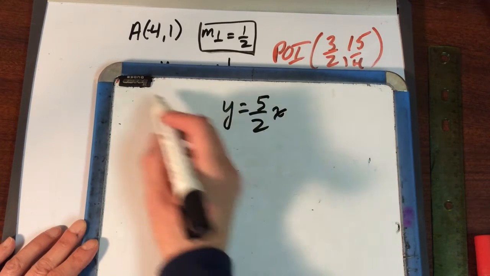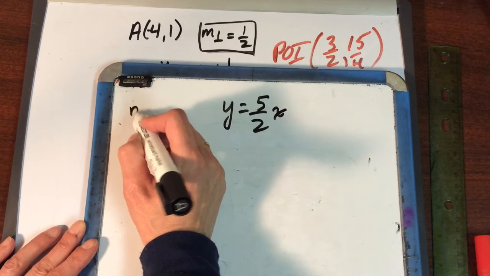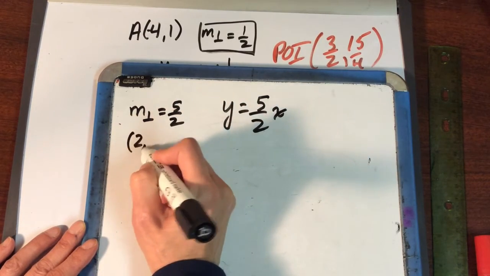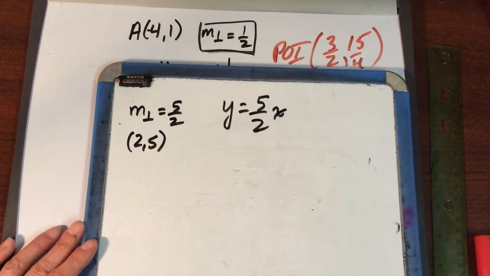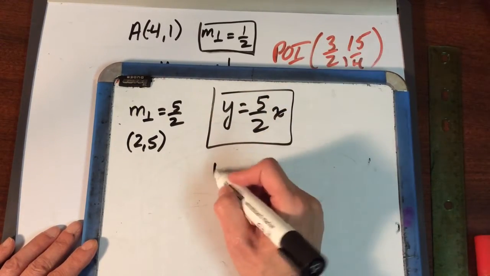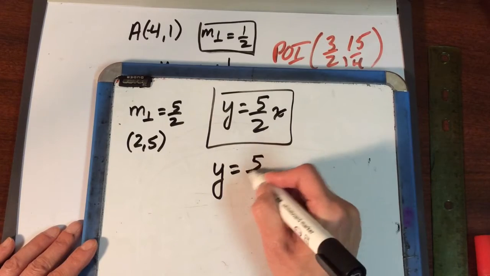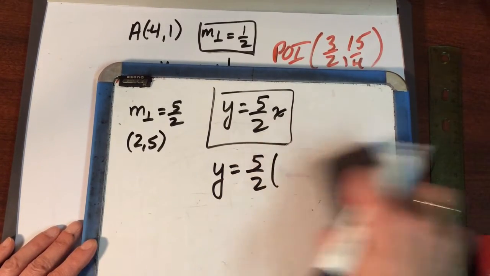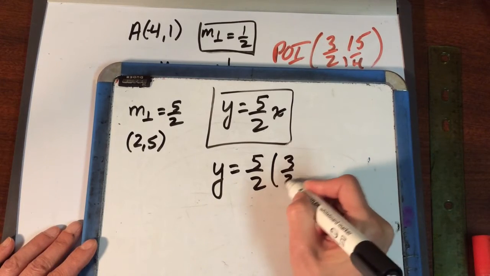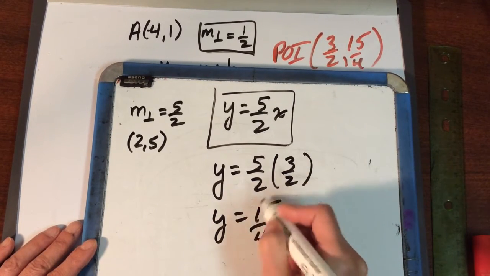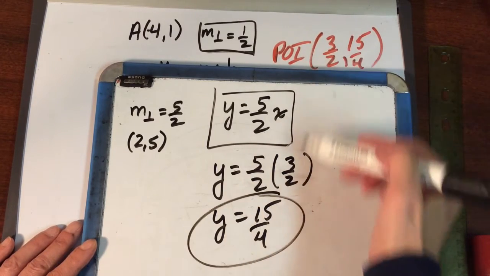And to find this, I had used the perpendicular slope 5 over 2 and the point. And this is the equation I got. So now let's plug this in and see what we get. That's 5 over 2 times x, and x is 3 over 2. And y is then equal to 15 over 4. And it works. There it is.